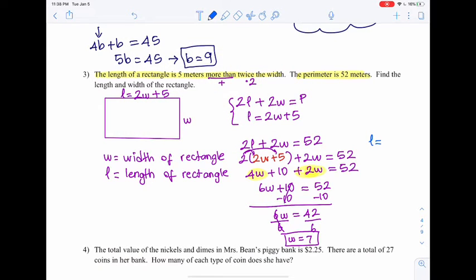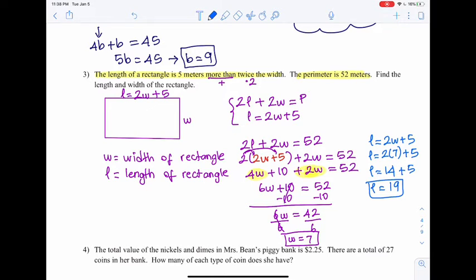Our second equation was L is equal to 2W plus 5. Substituting, 2 times 7 plus 5 will give us 19 meters. Okay, we're almost done.